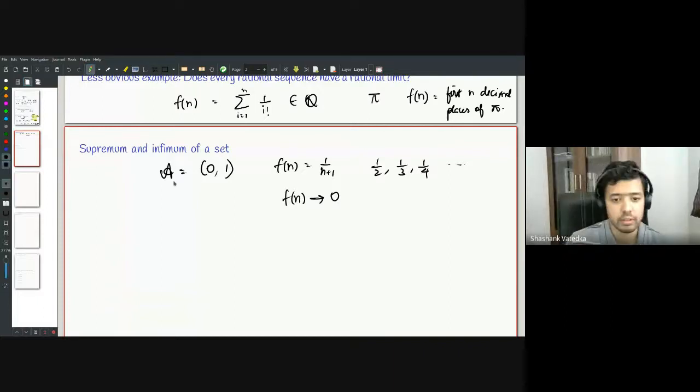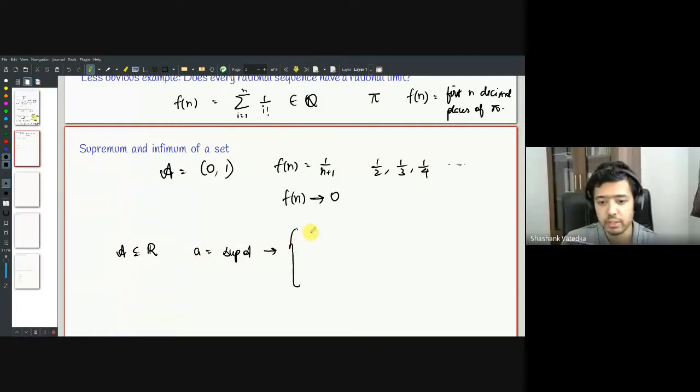Okay. So given any set A, in particular, we'll always look at subsets over the reals. So the supremum of a set A is basically defined as follows. We say that little a is the supremum of the set A if the following two conditions hold.